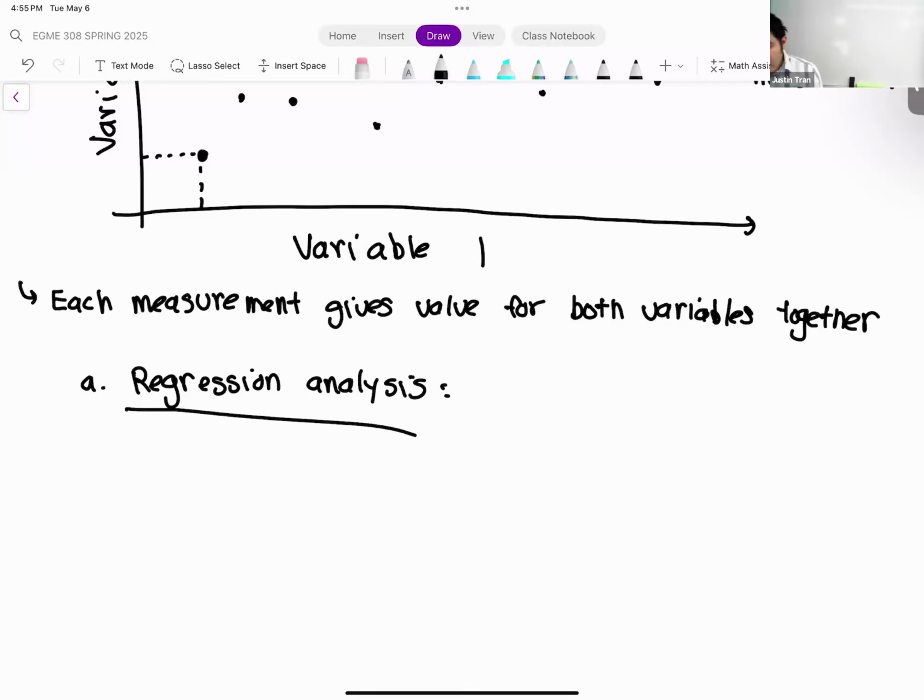Okay. So in a regression analysis, you're going to make the assumption that one of your variables is not a random variable. So in other words, it's something that you can control its value very, very strongly in the experiment.